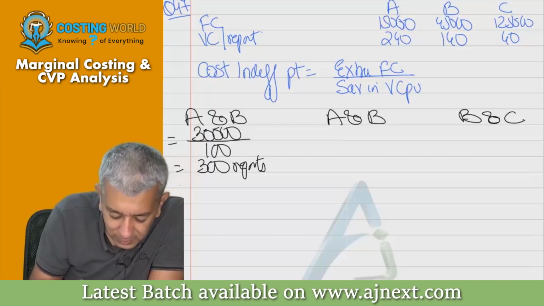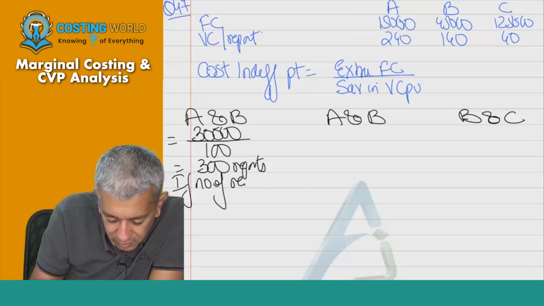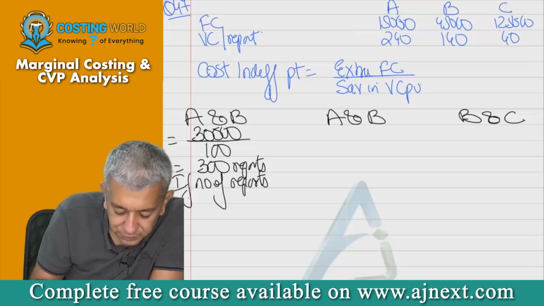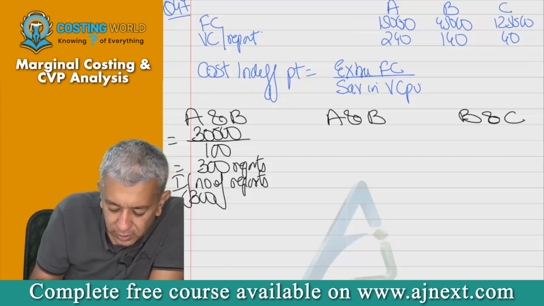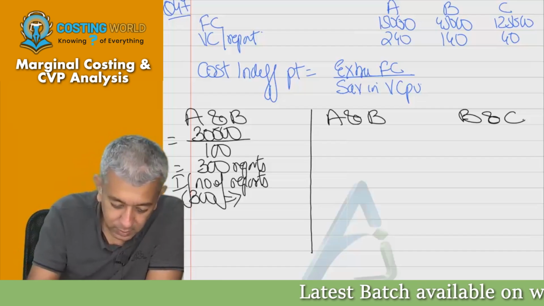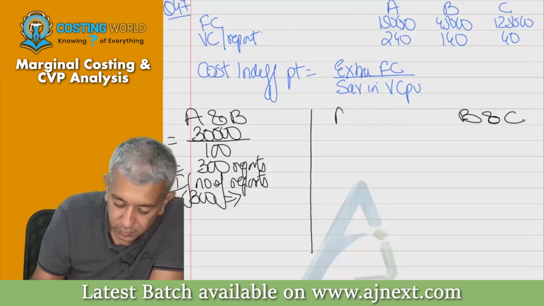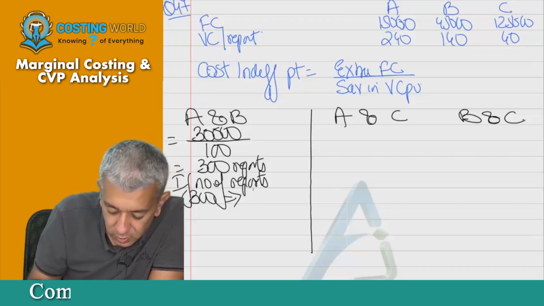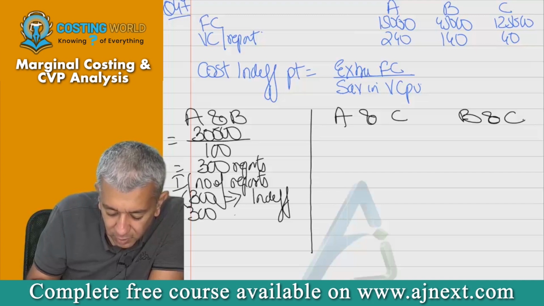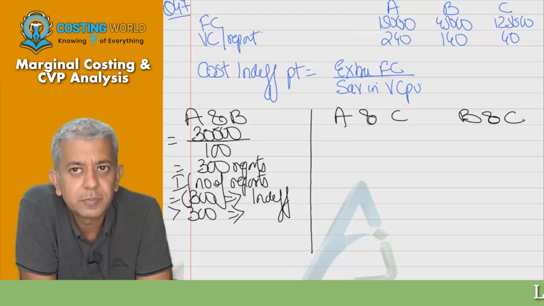Now tell me one thing. If the number of reports is equal to 300, which machine should I take, A or B? Indifferent. Now if the number of reports is more than 300, which machine will be better?